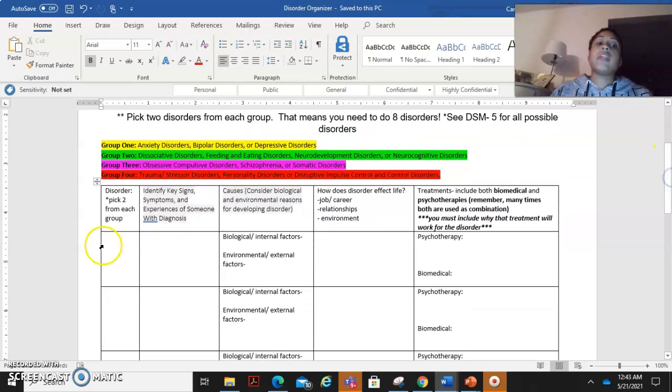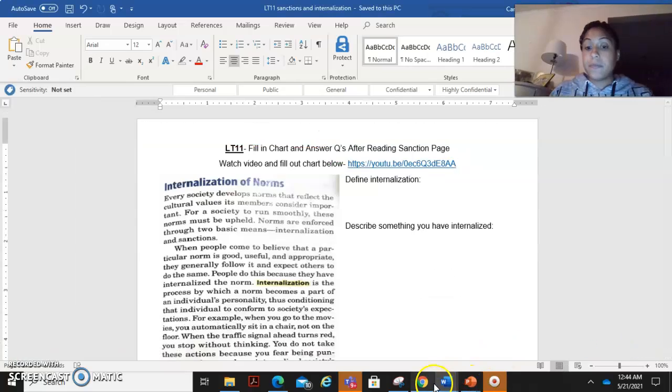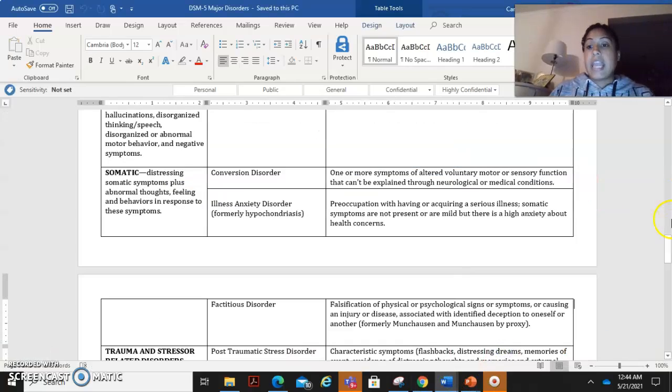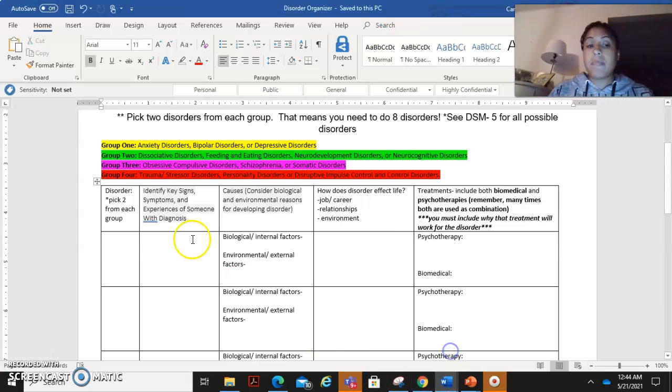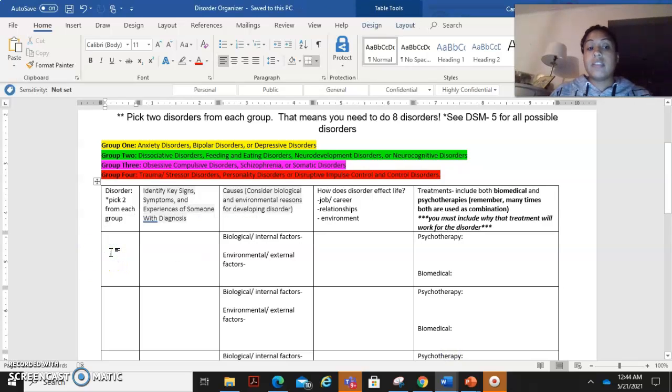When you fill it out, the first column is the name of the disorder, and that's when you pull up that DSM-5, and it has the disorders right here. So sure, anxiety disorder, but that's not the specific disorder. There's a plethora of disorders underneath that umbrella. Pick one. Maybe panic disorder. Then you just plop that in right where it says name.